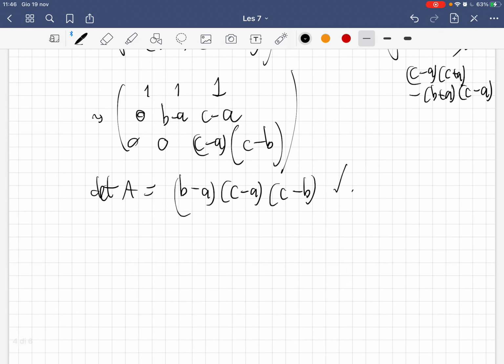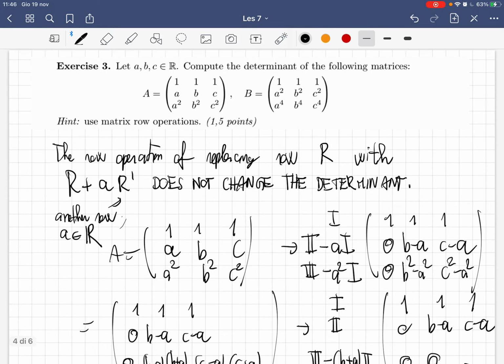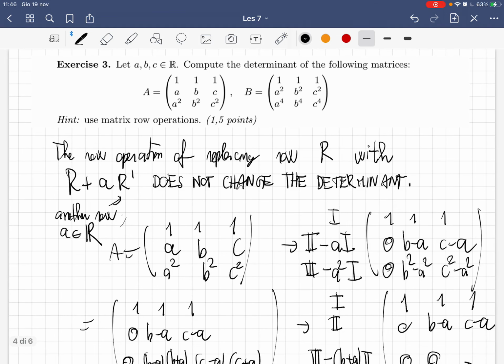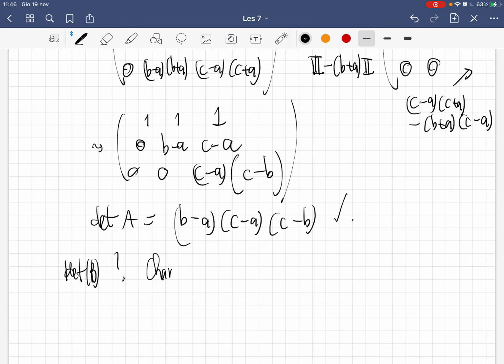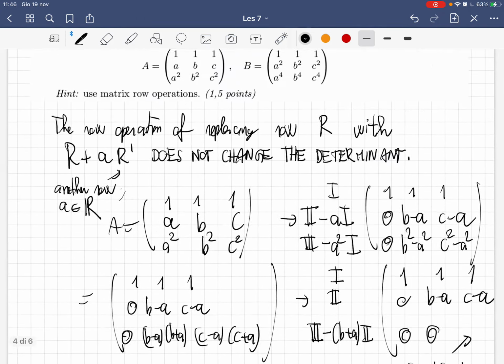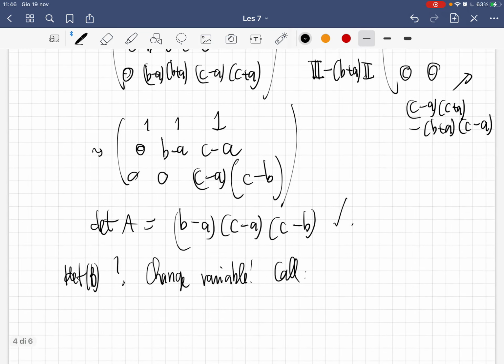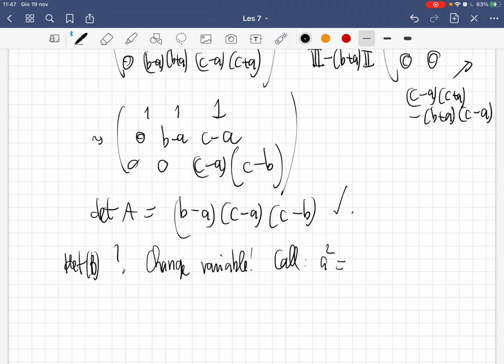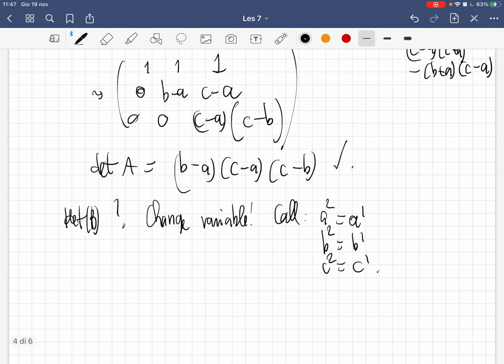The determinant of B, if you look here, if you change variable, call a squared to be a prime, b squared to be b prime, c squared to be c prime, then you're back, and you see that B is equal precisely to 1, a prime, a prime squared.